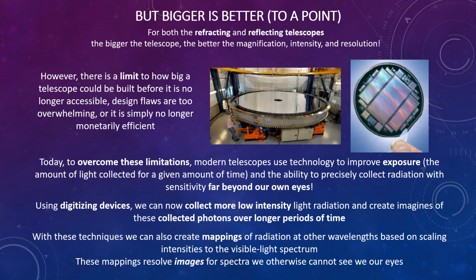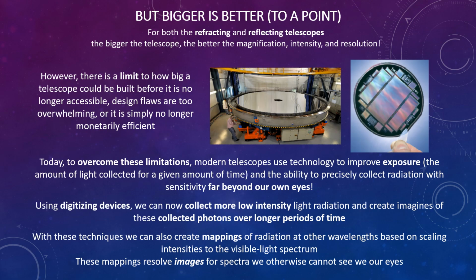By using these digitizing devices, we can collect light that is much lower intensity and create images that are taken over a longer period of time than just what we can see with our eyes. Our eyes are only able to see things on, I think, like a 1/125th of a second.